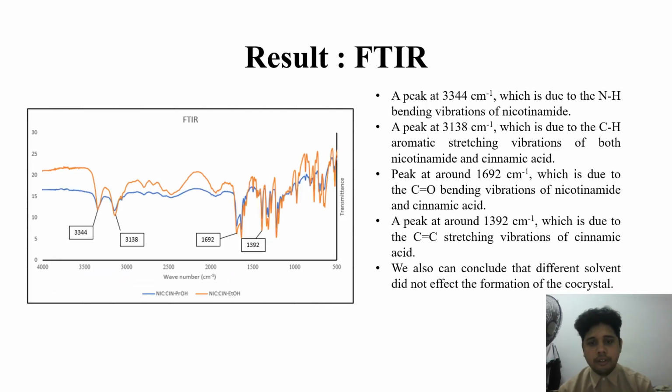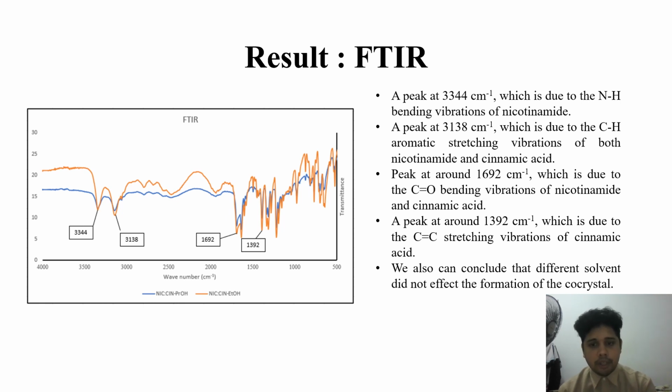And here is the FTIR result. We can see some important peaks from the FTIR result. A peak at 3344, which is due to the NH bending vibration of nicotinamide. A peak at 3138, which is due to the CH aromatic stretching vibration of both nicotinamide and cinnamic acid.